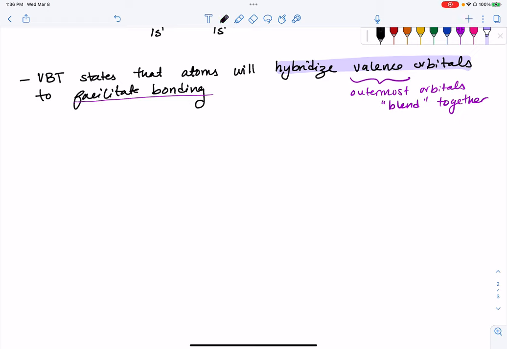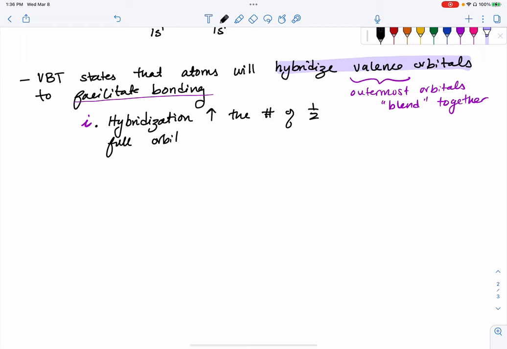So, there are actually two ways in which this hybridization process helps facilitate bonding. The first is that hybridization tends to increase the number of half-full orbitals on the atom, which means that there's more opportunity to bond.